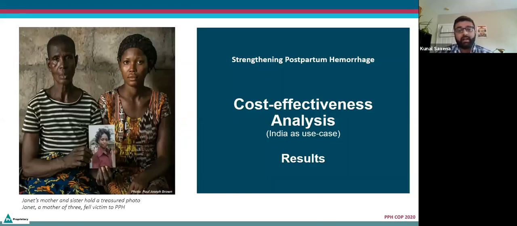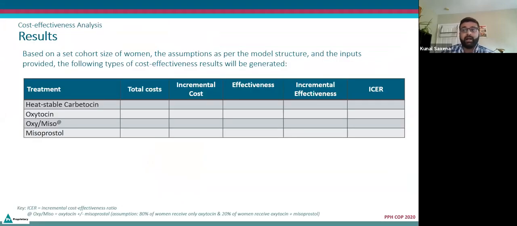Now looking at the results of this analysis, this is how a conventional cost effectiveness analysis result table looks. You look at all the treatment options which were evaluated in the model. In this case, we have heat stable carbetocin, oxytocin, oxy-meso combination treatment, as well as meso only.